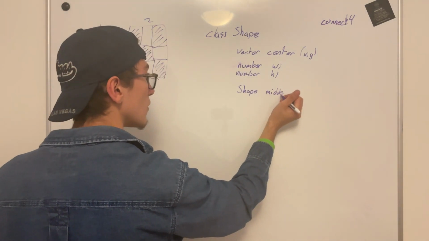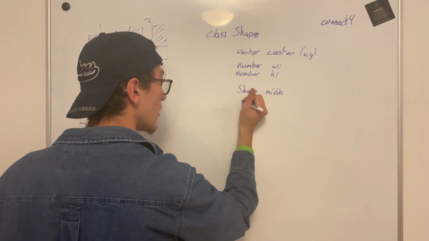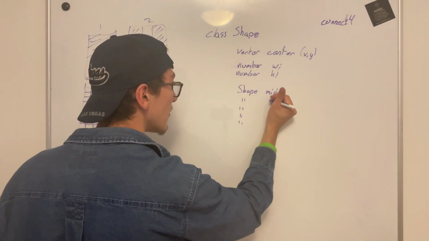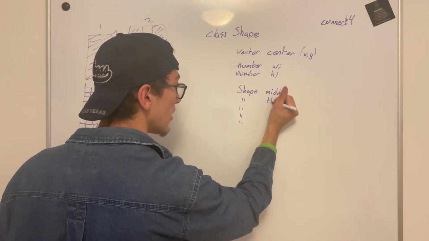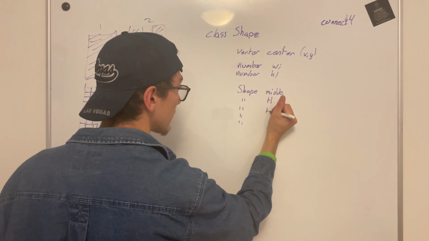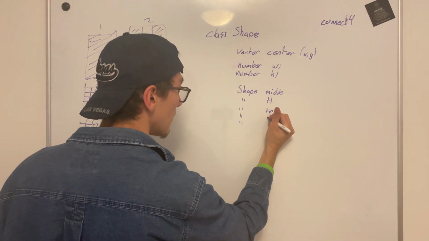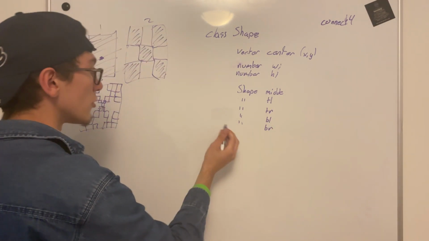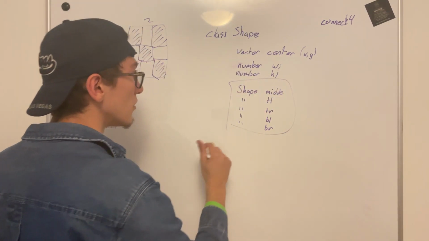we'll have top left, top right, bottom left, and bottom right. And those should be null by default.